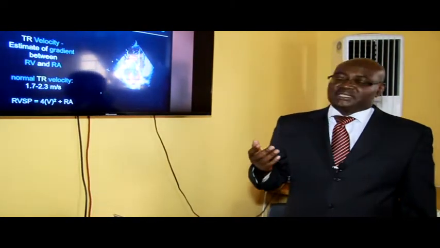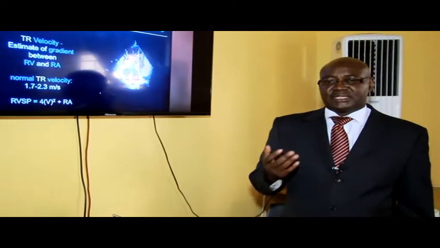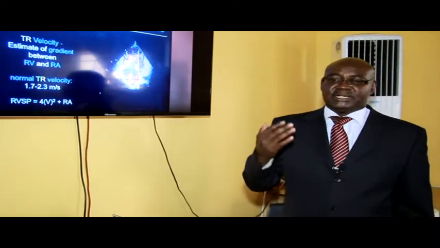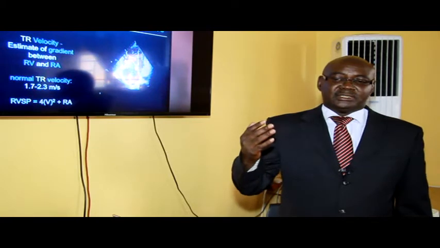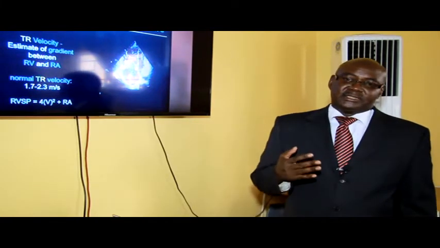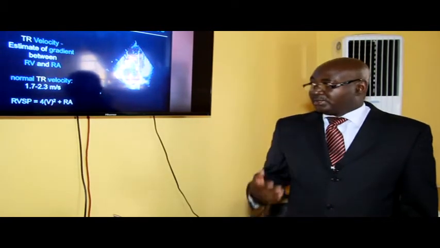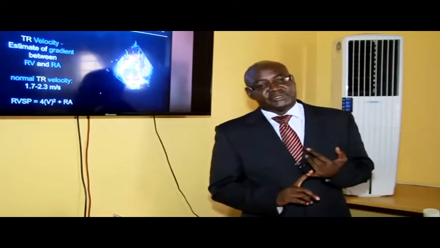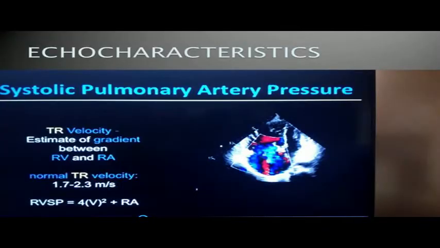So there must be at least some tricuspid regurgitation, that is the backflow between the right ventricle and the right atrium. The normal tricuspid regurgitation, which I mentioned in some subjects is actually normal, the velocity should be between 1.7 and 2.3 meters per second.